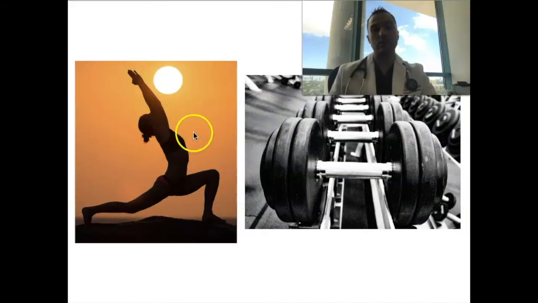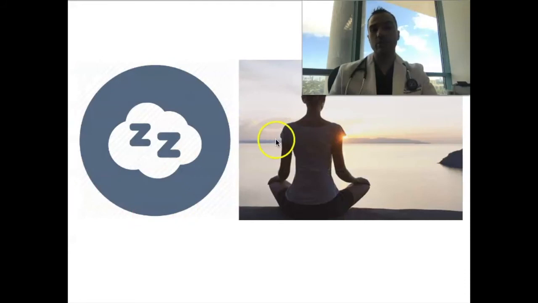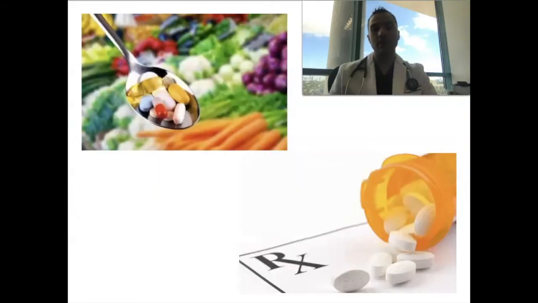We use exercise, yoga, weightlifting, resistance training, etc. We want to make sure that you're sleeping well and relaxed, and then we generally will have tailored supplement programs for people, using high quality nutraceuticals, giving your body what it needs to overcome the barrier and to progress toward a healthy system. And when necessary, as I am an MD, we can prescribe medications when absolutely necessary. So that's generally what we do.